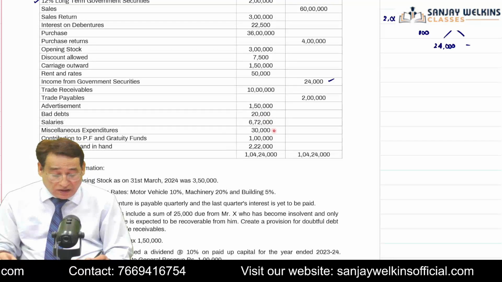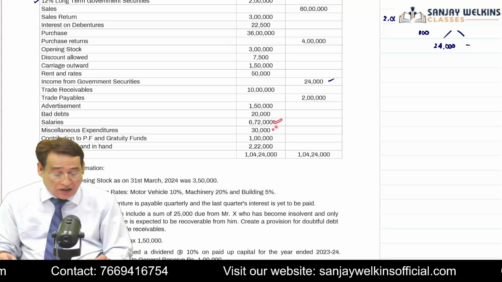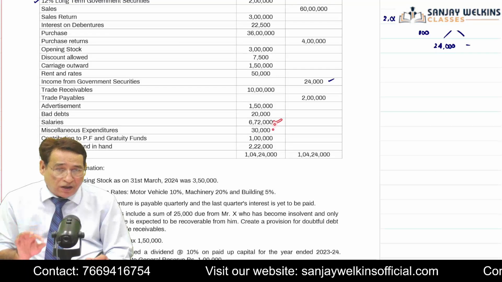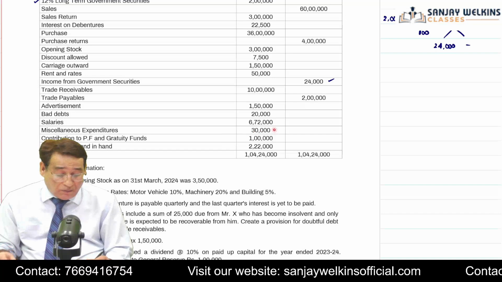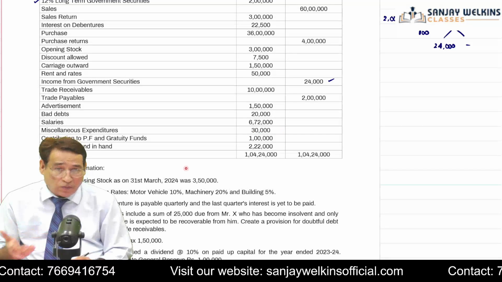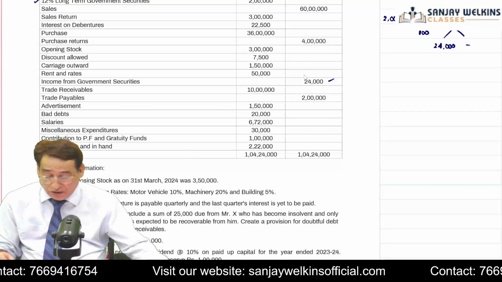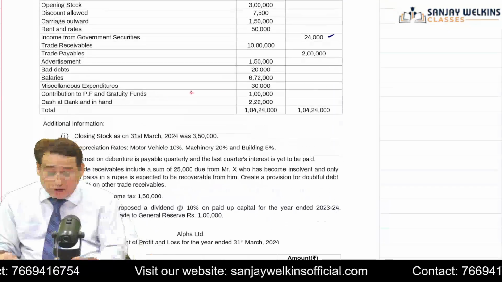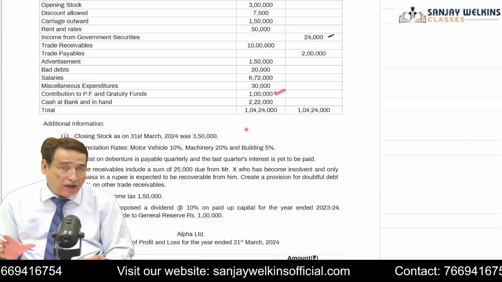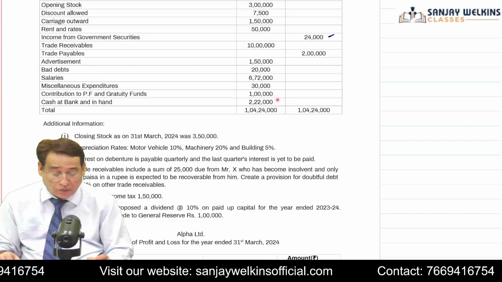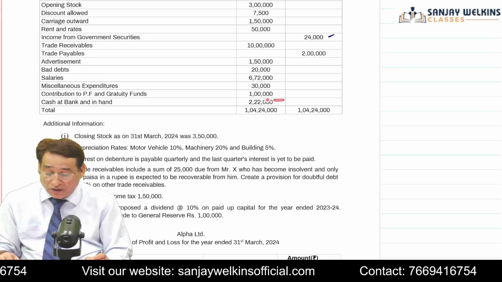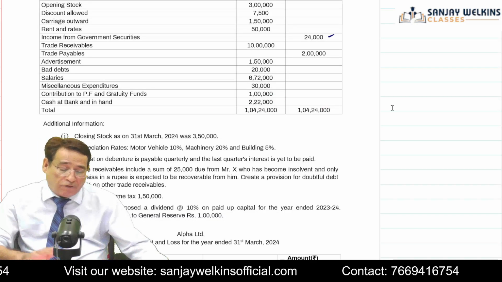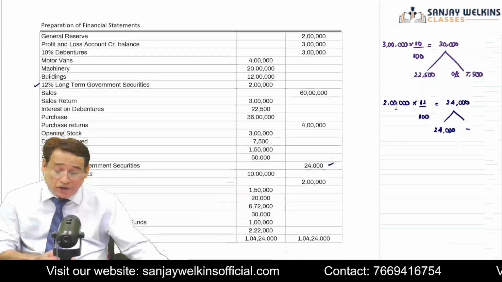Then we have salaries. Salaries will be written under employee benefit expenses. Then miscellaneous expenditure will also fall under other expenses. Contribution to provident fund and gratuity fund is an item related to employee benefit expense. Cash and bank balance is current asset. So this is the information given to you as per the trial balance.